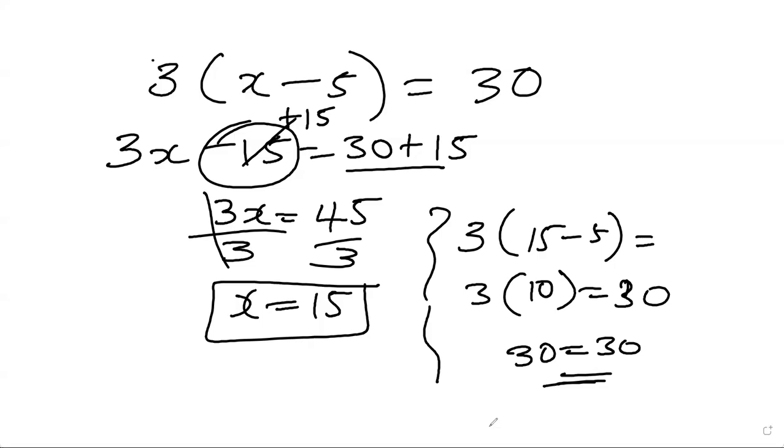Alright. Could you please repeat the steps? You expand the bracket by multiplying both terms by 3. 3 times x and 3 times 5. And then you solve the linear equation.